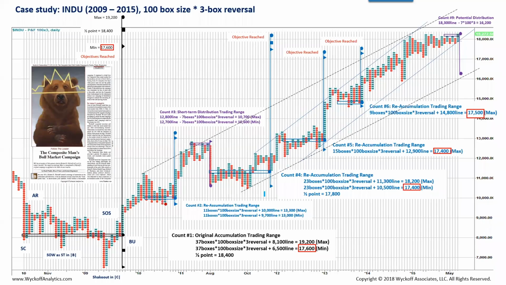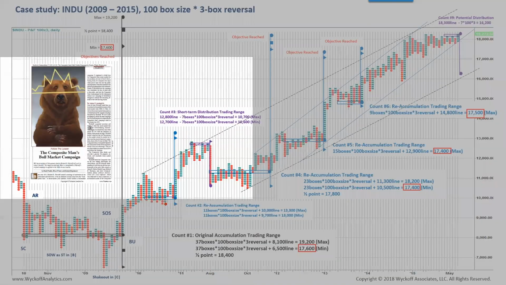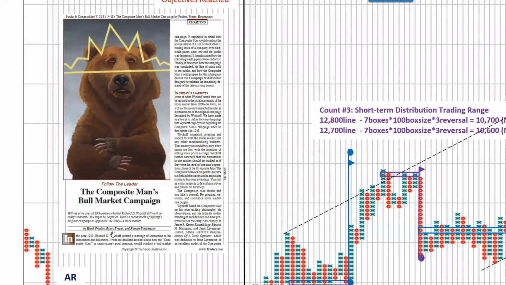So with that, this is an actual chart that we published, and it was inspired by the Composite Man article that Roman, Hank, and I wrote back in the Technical Analysis of Stocks and Commodities magazine.